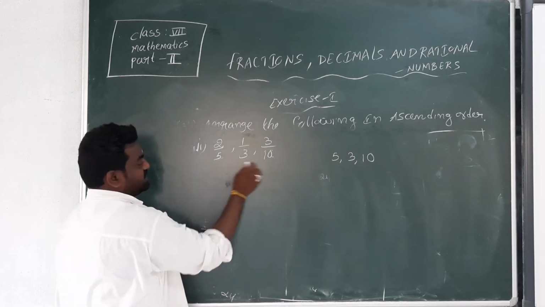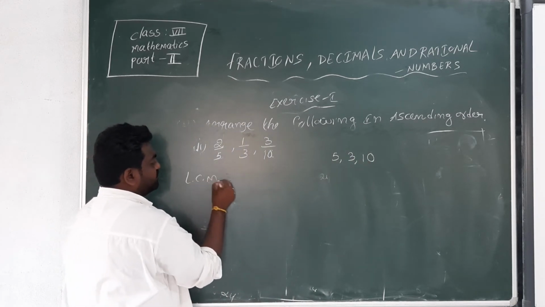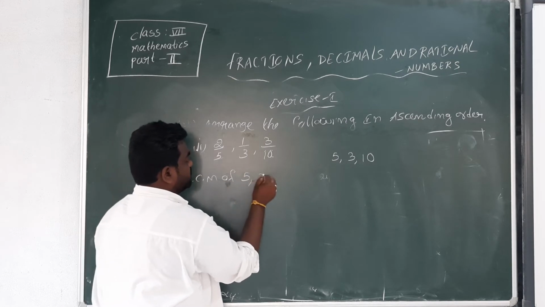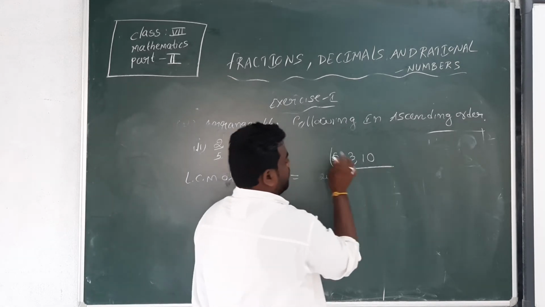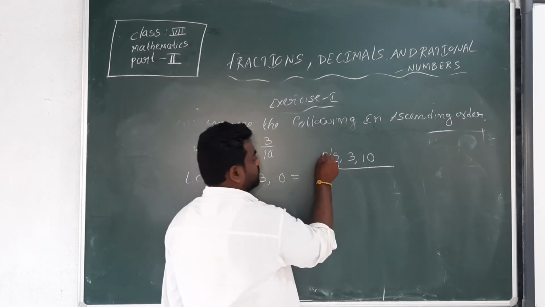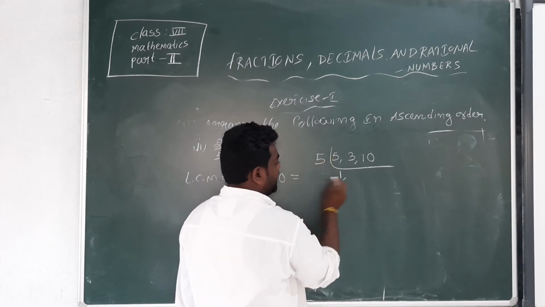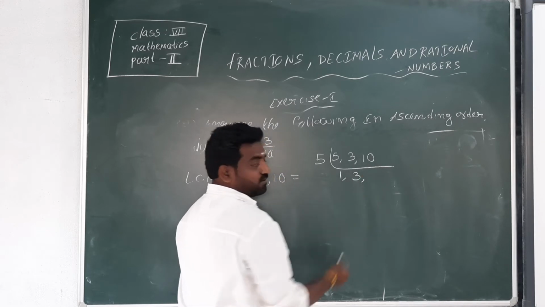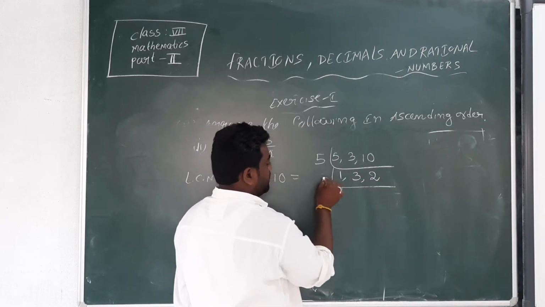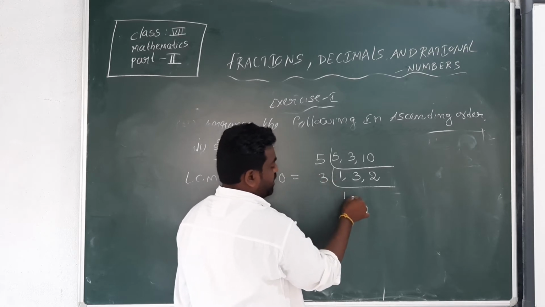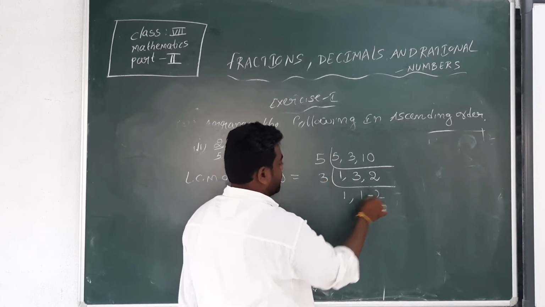First we take the LCM of 5, 3, 10. 5 table, 1 time; 3 not possible; 10, 2 5s are 10. Again 3 not possible, 3 1 time, 2 not possible.